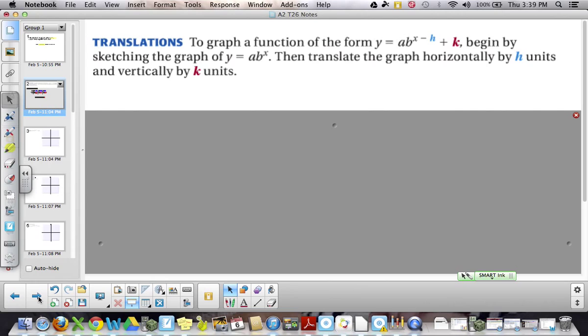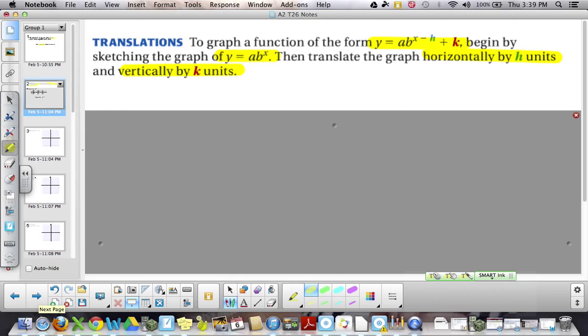All right, so what is a translation, first of all? To graph a function of the form y equals a times b to the x minus h plus k, we want to begin by sketching the graph of our basic function, y equals a times b to the x, and then translate the graph horizontally h units and vertically k units.